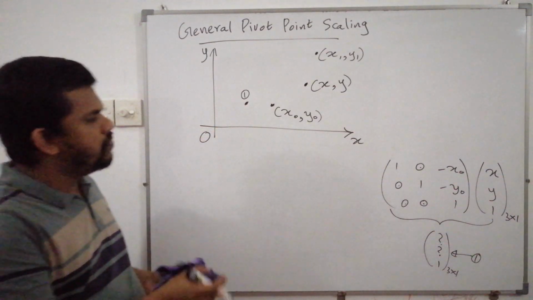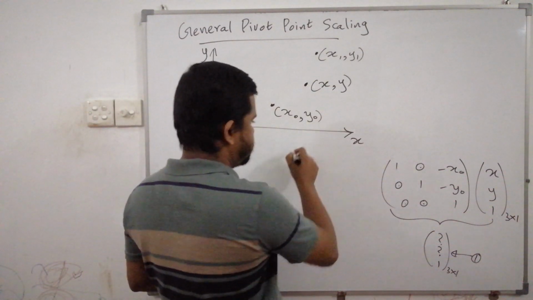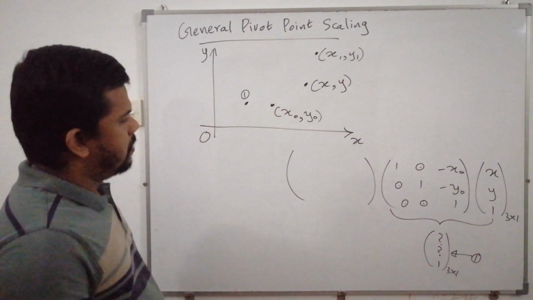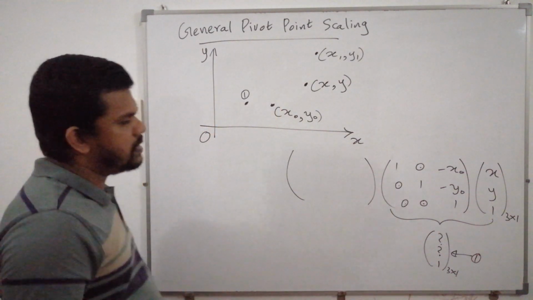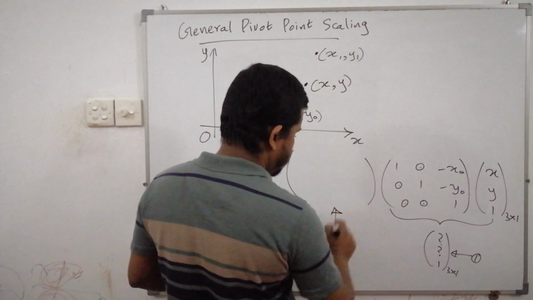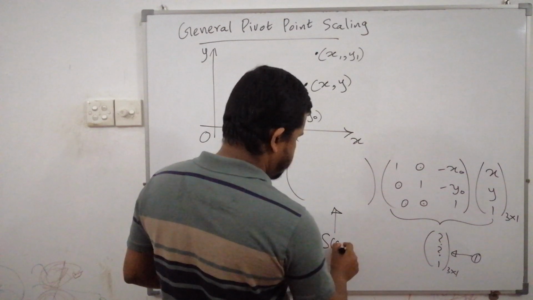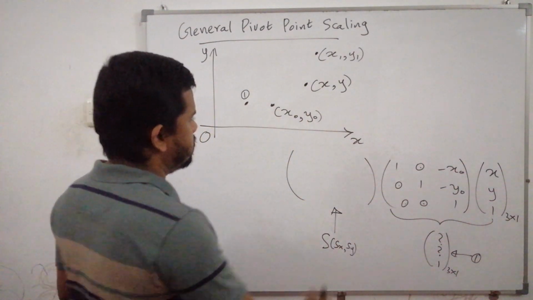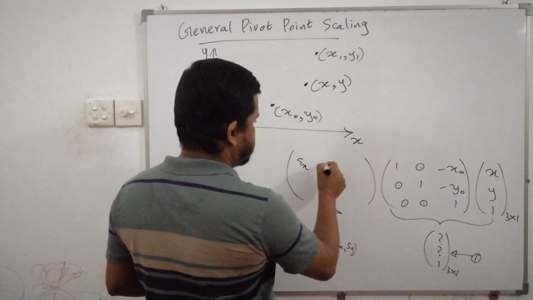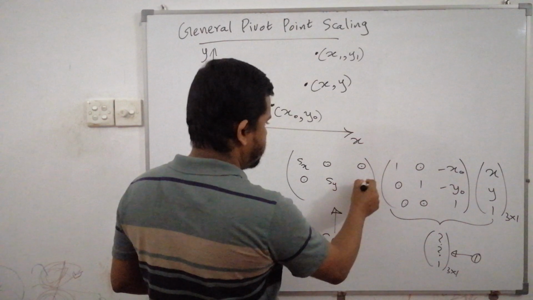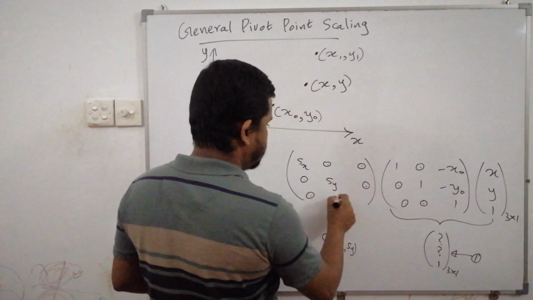So now we can scale with respect to the origin. Here we apply capital S, Sx, Sy: Sx 0 0, 0 Sy 0, 0 0 1.